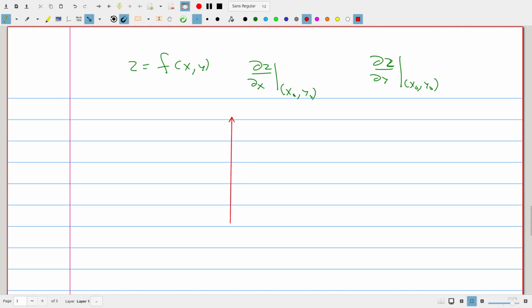draw your axes, then you sketch your surface. Let's label our axes, and we sketch our surface.